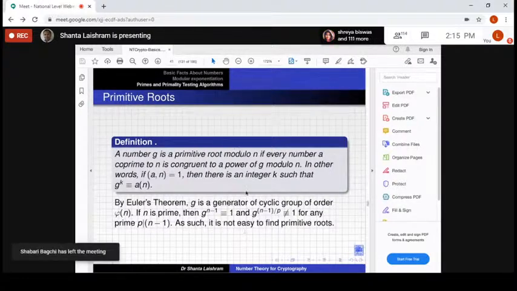So G power n minus 1 has to be 1, and G power (n minus 1) by p should not be 1 for any prime divisor of n minus 1. In practice, it's not that easy to find primitive roots. It's a difficult problem, but when n has a certain form, it may be easy to find primitive roots.